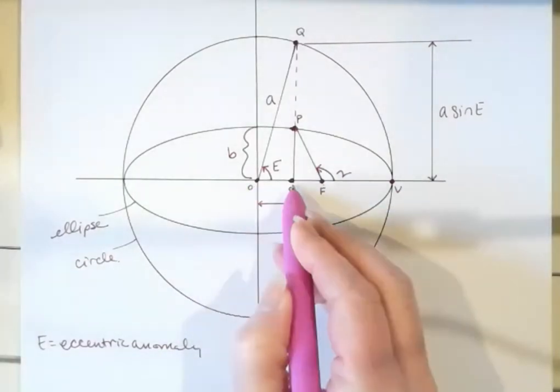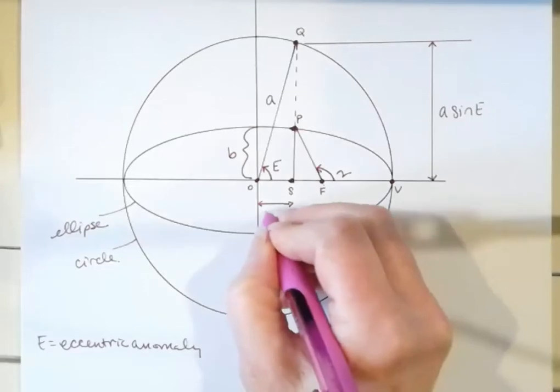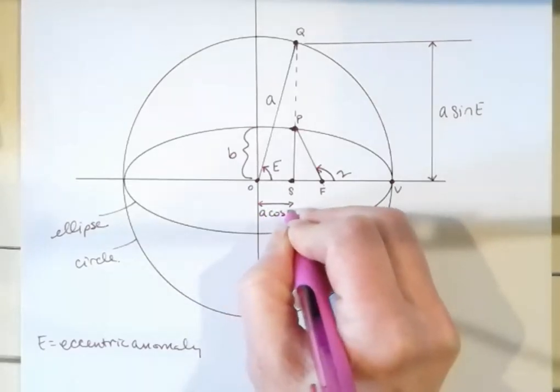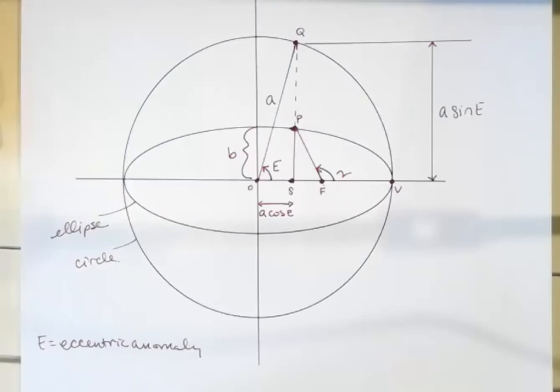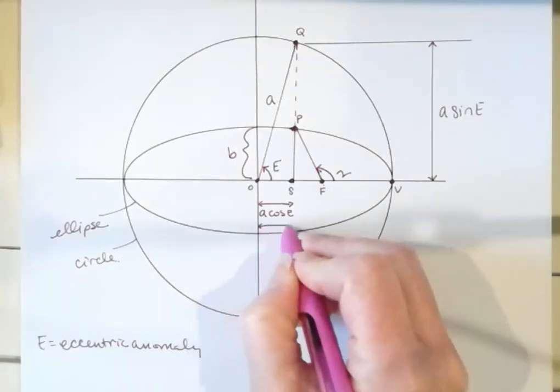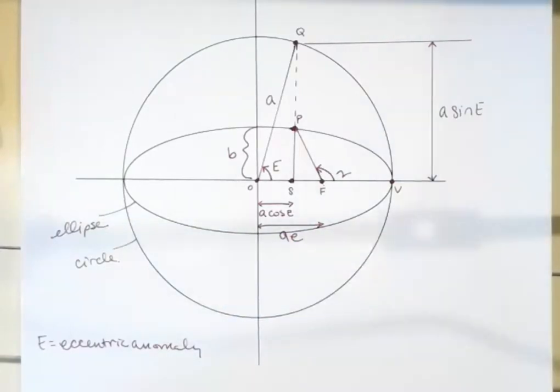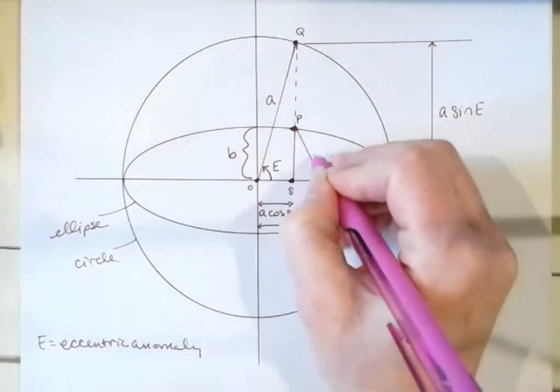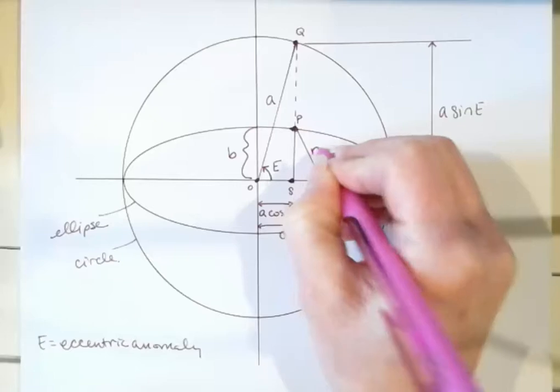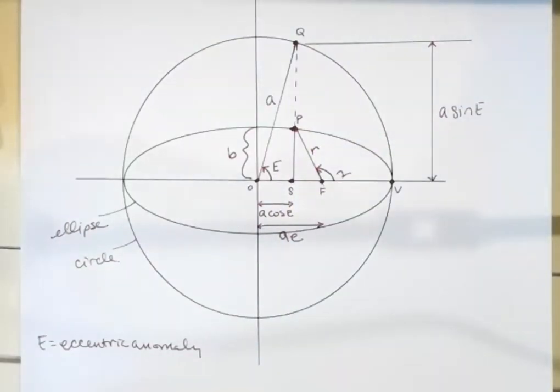So from O over to S, that is going to be A cosine capital E. And then finally from point O over to F, that will be A times E. Okay. So now we've got that. Alright, so we're going to be using these distances when we do our equation. By the way, let's label this distance from F to P. Let's call that R, which is what we've been calling it up until now anyways. So nothing new there.